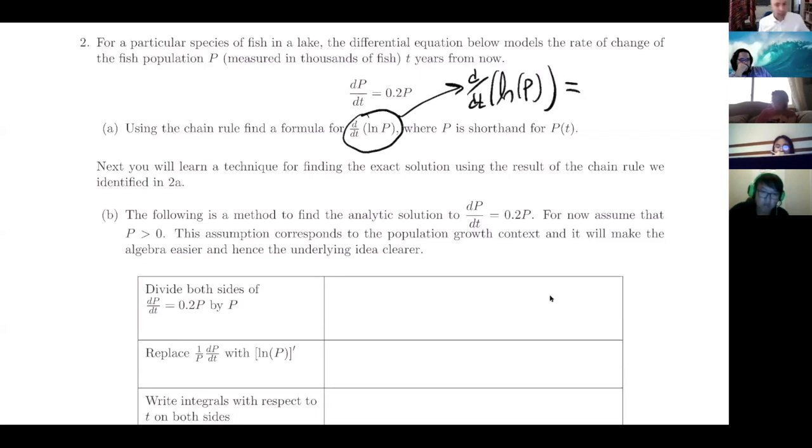Does anybody know how that would work? For the derivative of the natural log of P, it's just 1 over P. Yep.